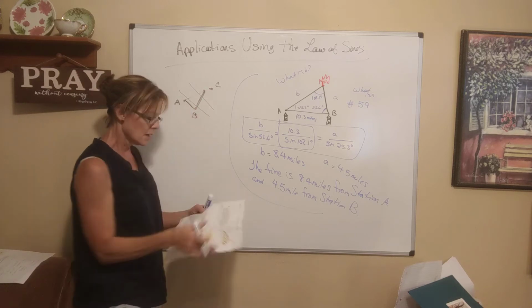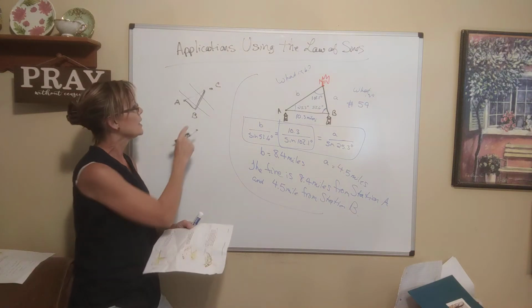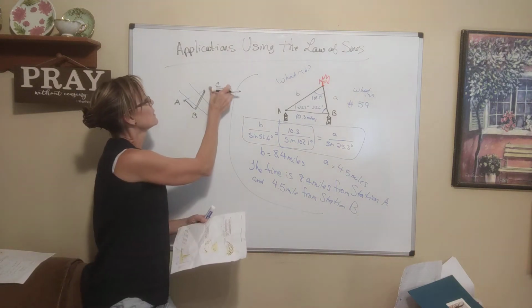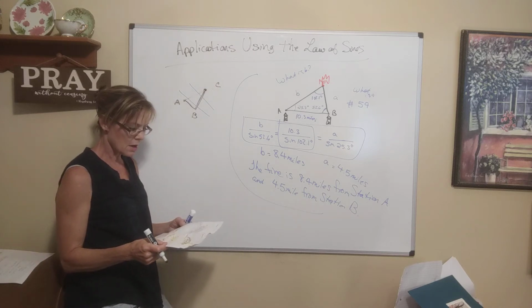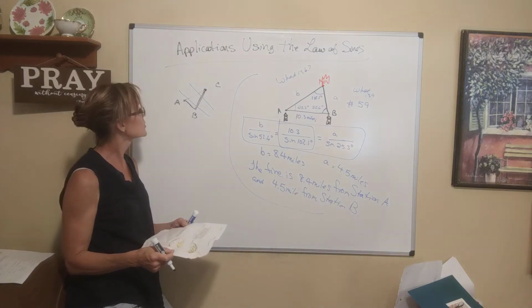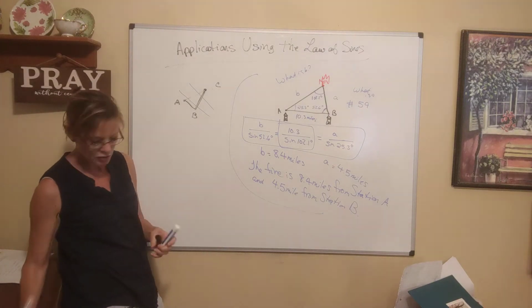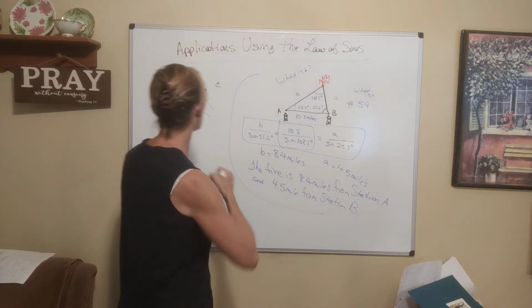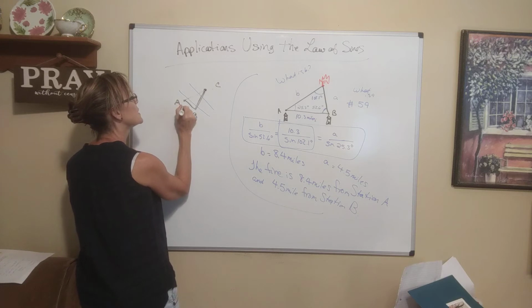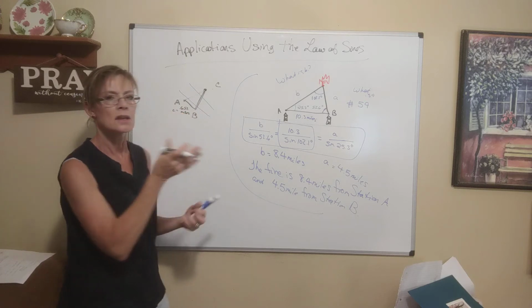So it says, a suspension bridge is to cross a river from point B to C. Distance AB is measured to be 0.652 miles. So let me get a marker that can write a little better. This would be little c in our convention.